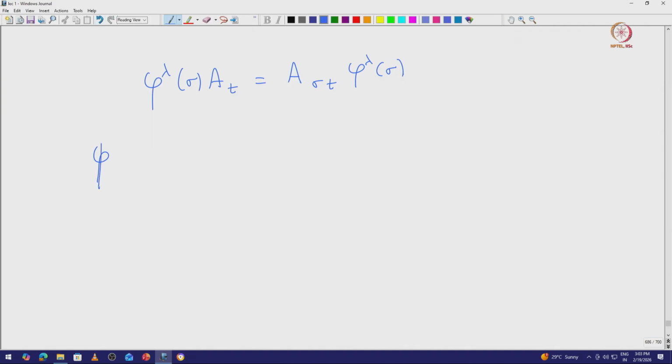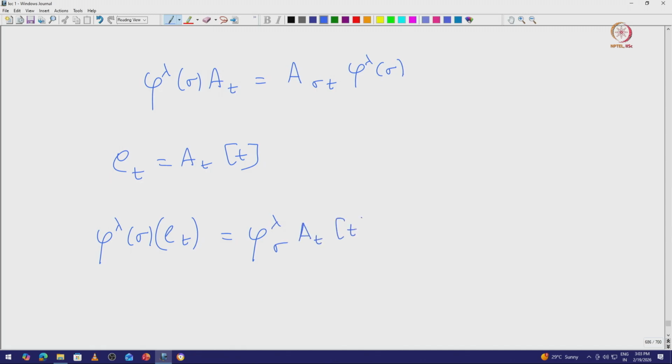Now apply that phi lambda sigma. Recall E t is nothing but A t applied on t. Now what we want to compute is phi lambda of sigma applied on E t, which is exactly equal to phi lambda sigma A t applied on t.